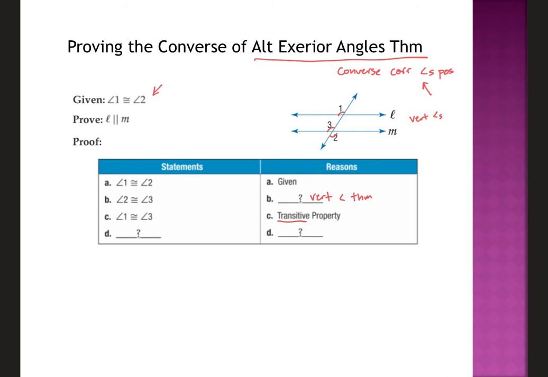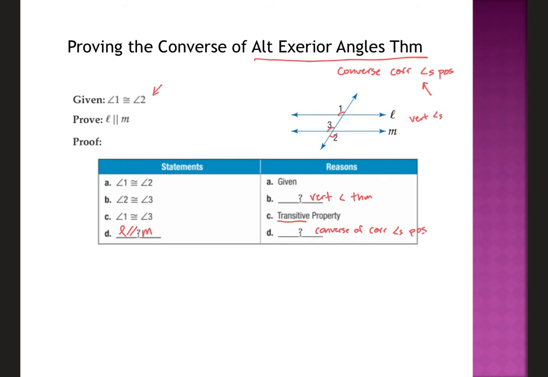Then, last but not least, I can say that line L is parallel to line M because of the converse of corresponding angles postulate.